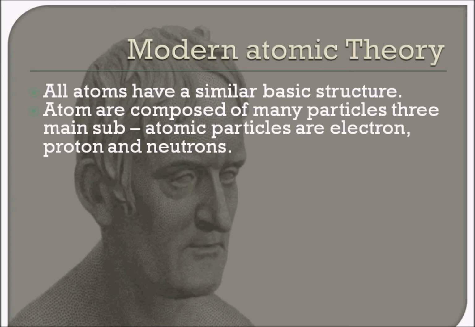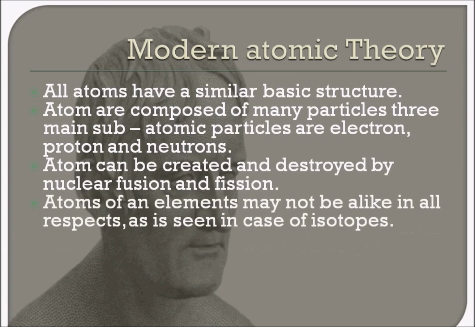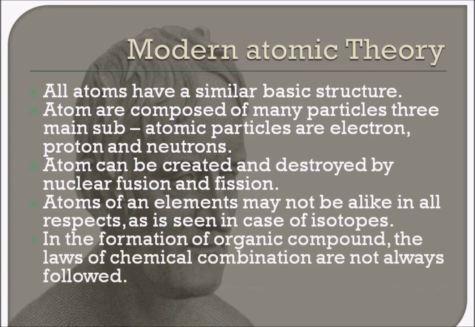It also says that atoms can be created and destroyed by nuclear fusion and fission processes. It also says that atoms of an element may not be alike in all respects, as is seen in cases of isotopes. Modern atomic theory also describes that in the formation of organic compounds, the laws of chemical combination are not always followed.